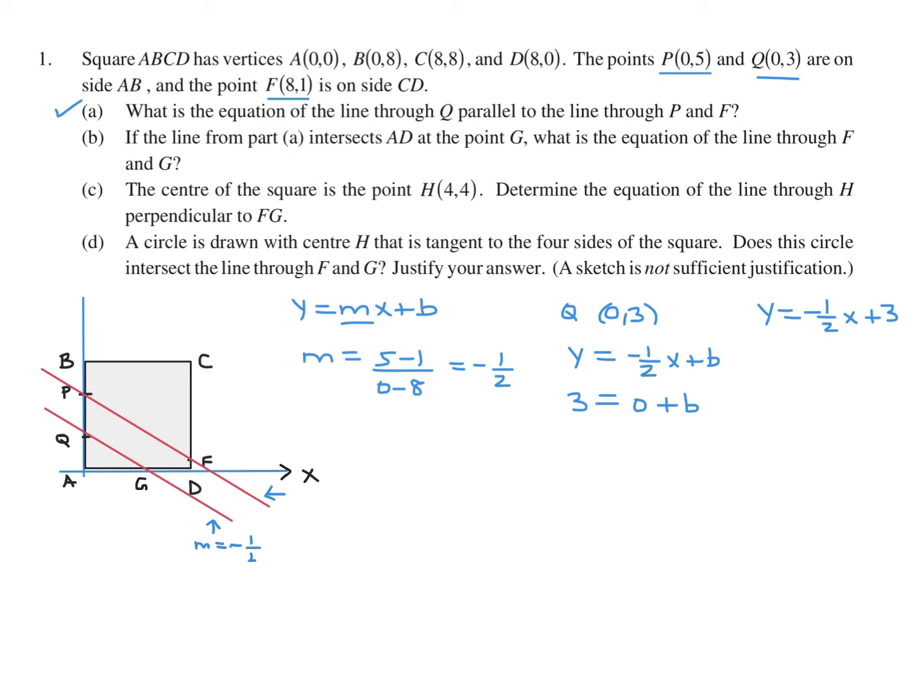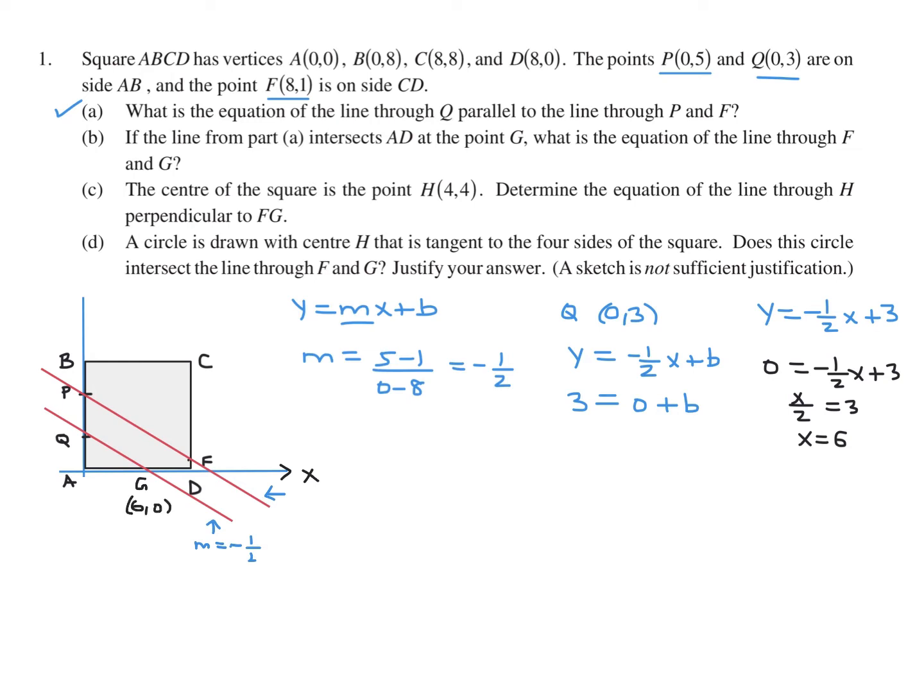Setting y equal to 0 in that equation, we've got -1/2 x + 3 = 0, so x over 2 is equal to 3, so x is equal to 6. So the coordinates of G are (6, 0).